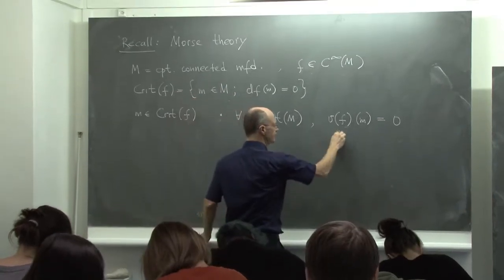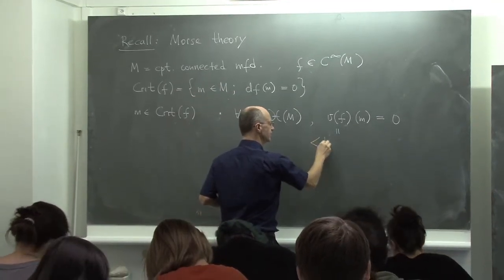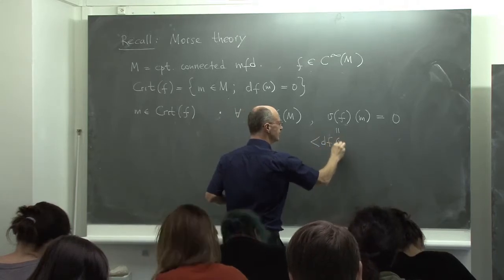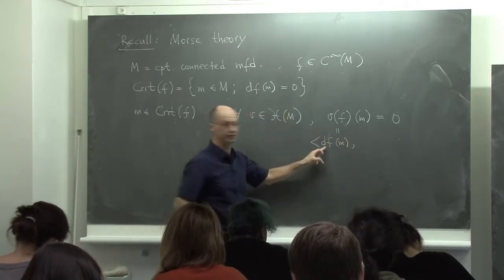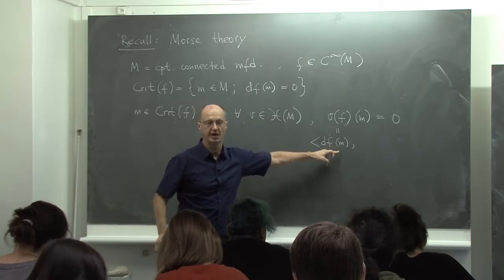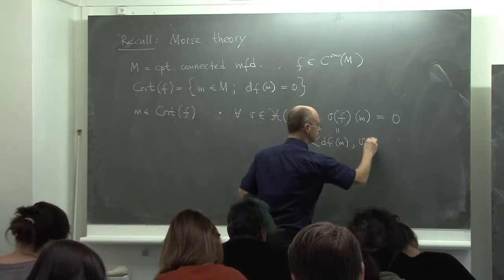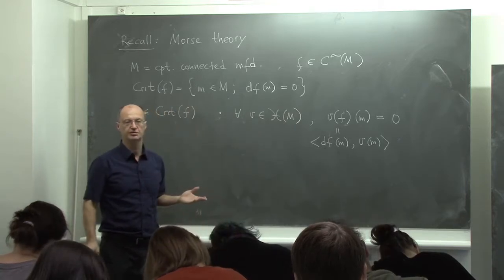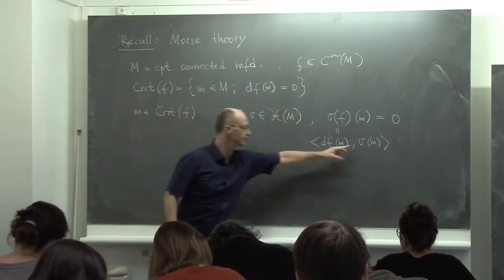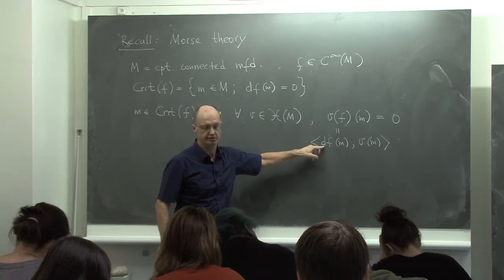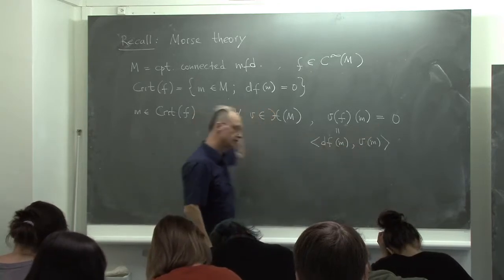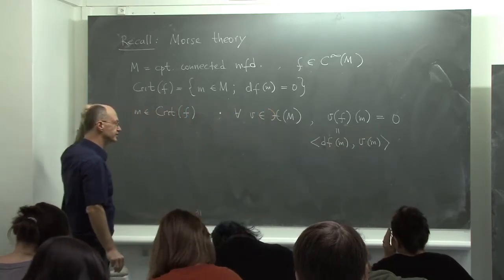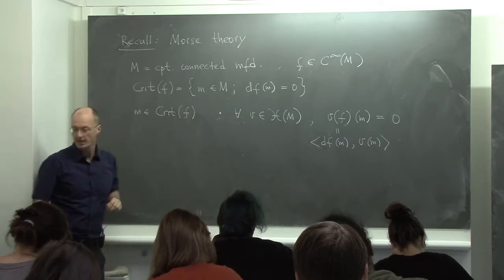That's just because the alternative writing for it is the computation of the differential at M on the value of the vector field at M. Since this is already 0, all these derivatives vanish.